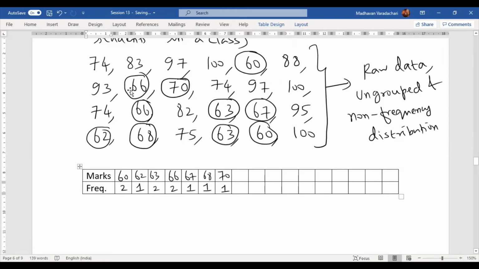No. 72? No. 73? No. 74? Yes. One is here, then here, and then here. So I can say 74 is 3 times.